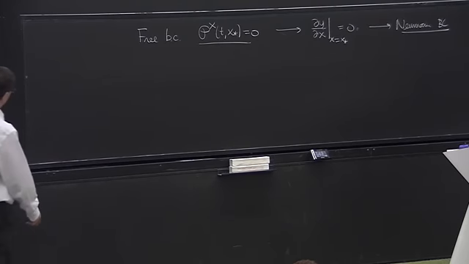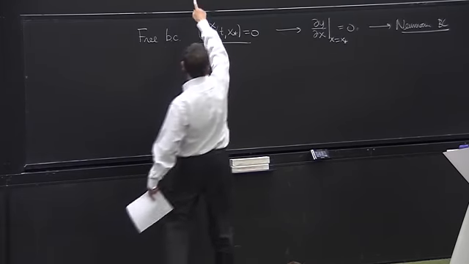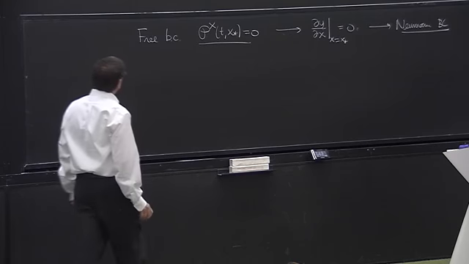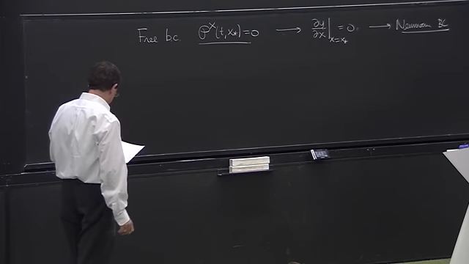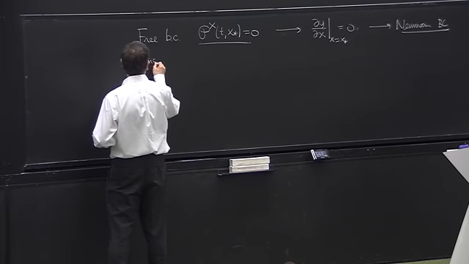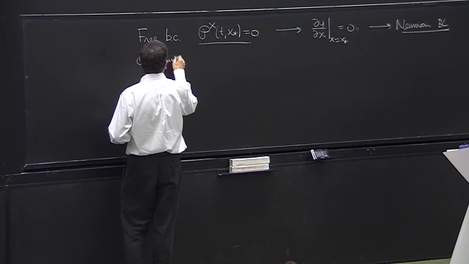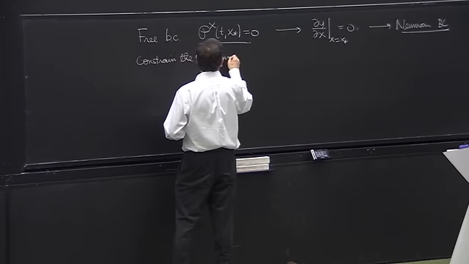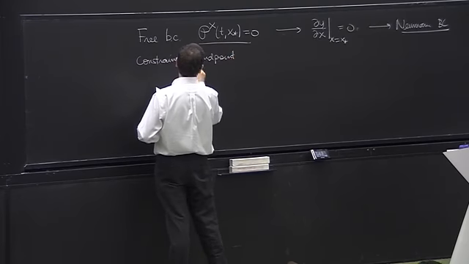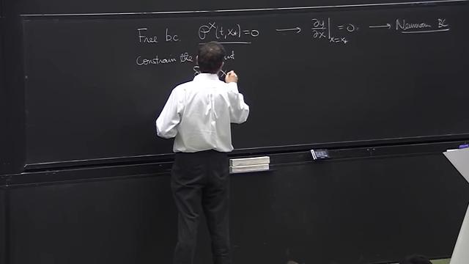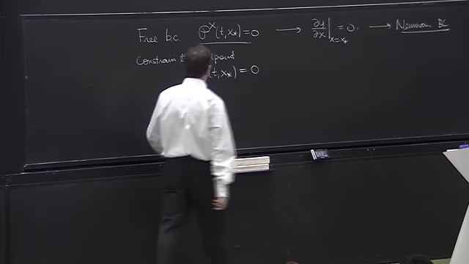Or the other thing we can do, two things get multiplied to 0. We can demand that this is 0. So this is not a free boundary condition. We can constrain the endpoint by saying that delta y of t and x star is equal to 0.